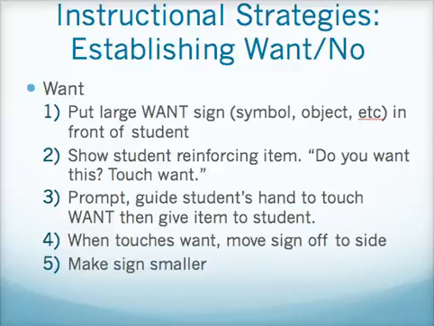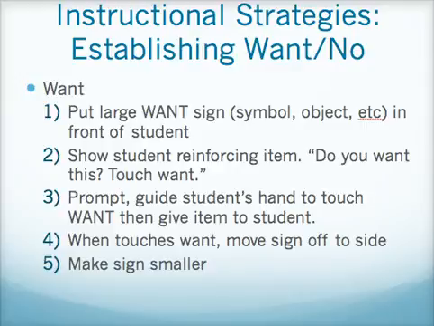Now they have to initiate that want communication in order to get that cup. So you can just contrive different situations and scenarios in your classroom throughout the day to increase the instructional trials. We know that increasing instructional trials increases the rate at which our students are going to acquire the skill, right? More practice means better acquisition. So that's the rationale behind why we teach a want response.